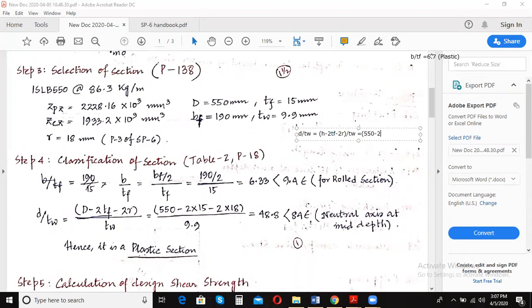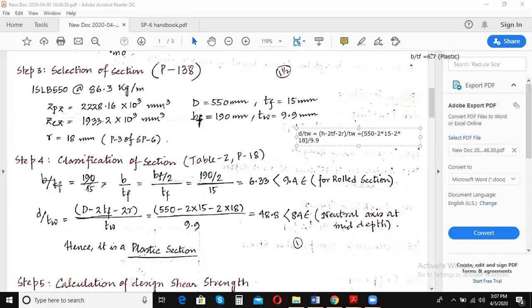550 minus twice into, now what is TF? TF is given as 15 mm, minus 2 into root radius. What is the root radius value? It is 18 mm, 2 into 18. This divided by the thickness of the web. What is the thickness of the web? It is 9.9.